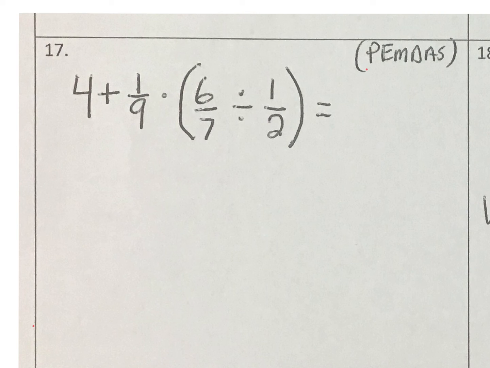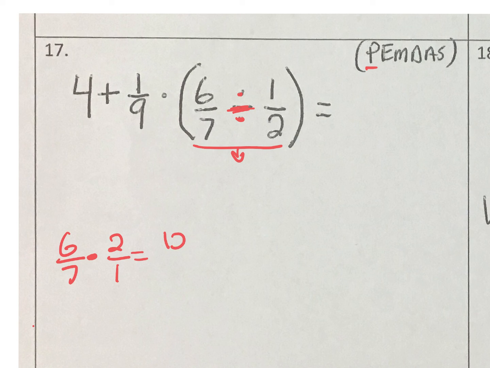But first of all, PEMDAS, parentheses. So I know I got to do this first. So I do 6/7 divided by 1/2. Those are both fractions, but I can't do division. I have to do keep, change, flip. So if I keep the first one, I change the sign from division to multiplication, and I flip that.